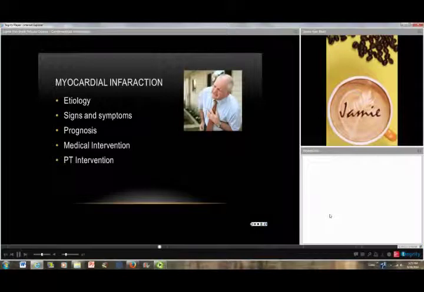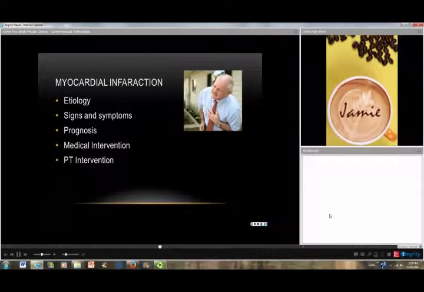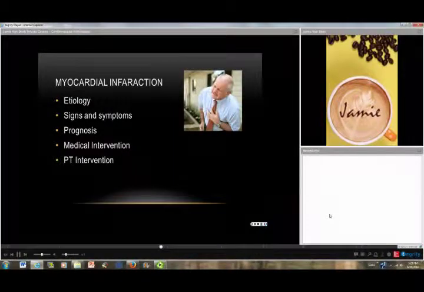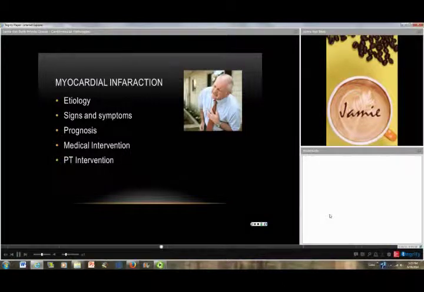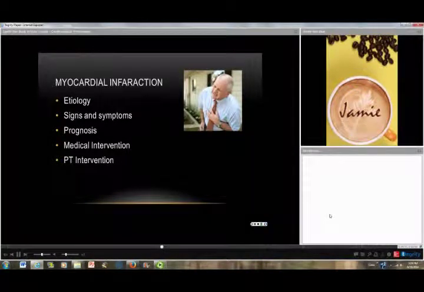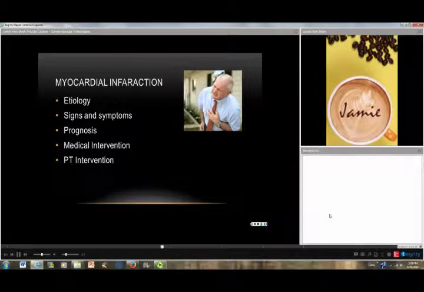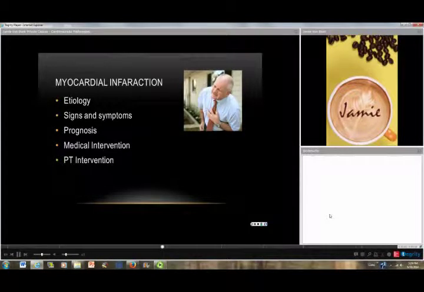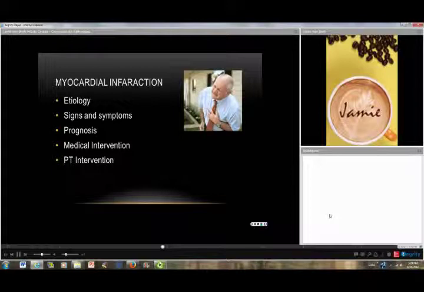You can also get venous system backup, and sometimes when people are having heart problems, it backs up into the pulmonary system, so they almost have pneumonia-type symptoms. Basically, the lungs begin to fill with fluid. And you can also have, of course, different arrhythmias in the heart when someone's having a heart attack.